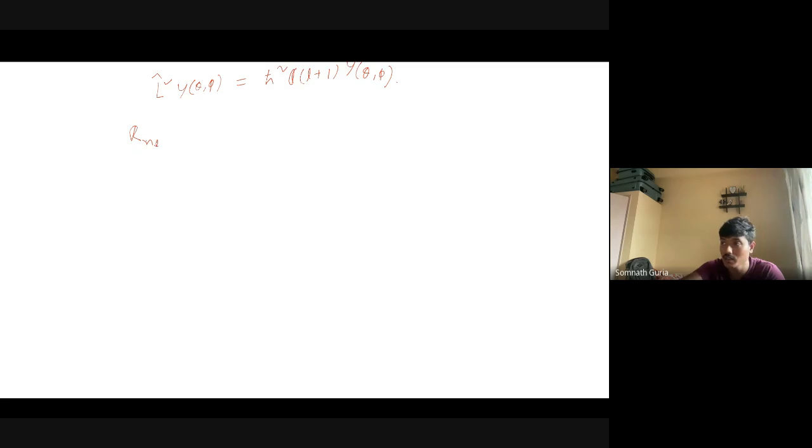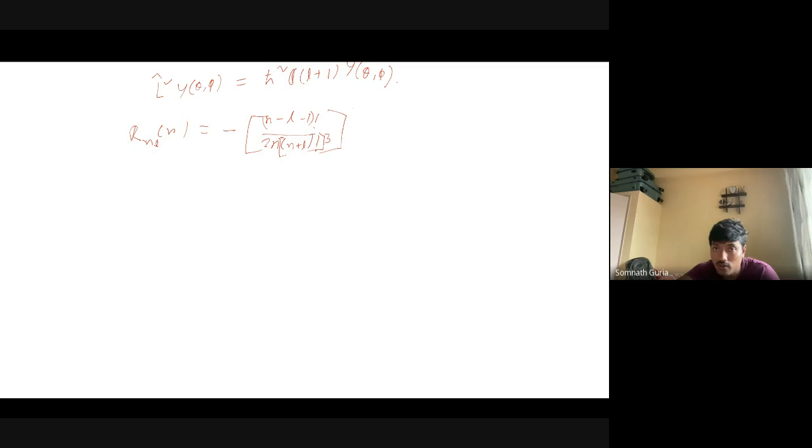R of n l is actually minus the square root of n minus l minus 1 factorial over 2n into n plus l factorial, all to the power of cube. It's a long term.